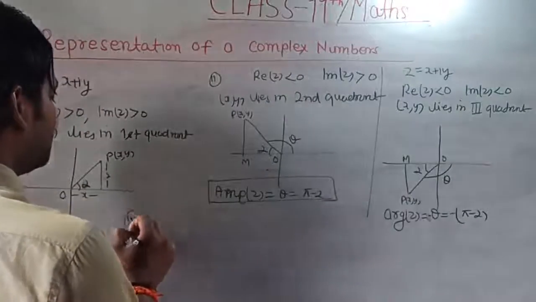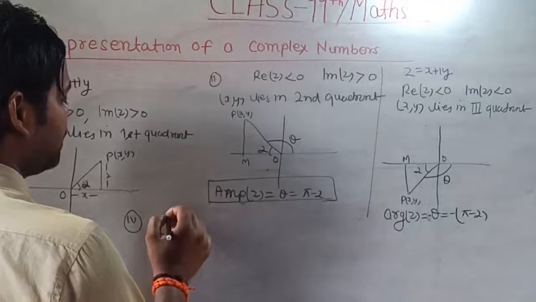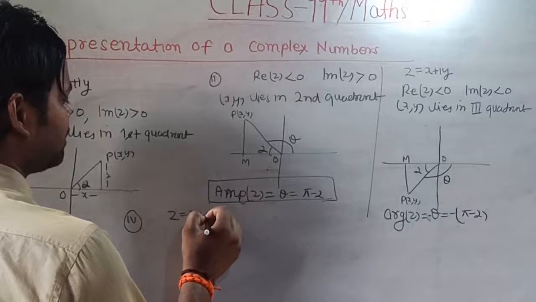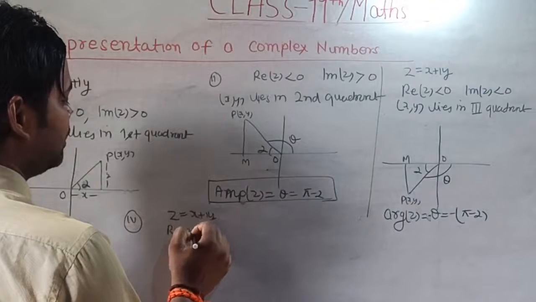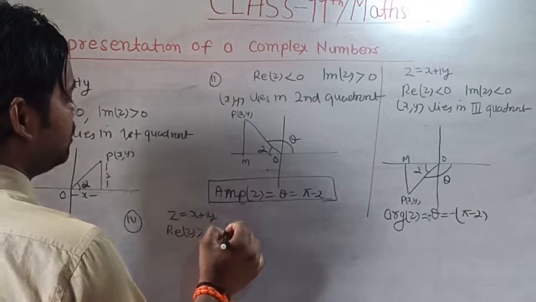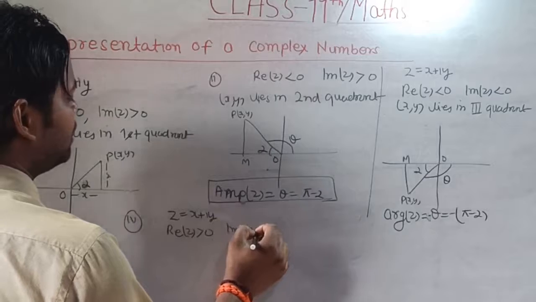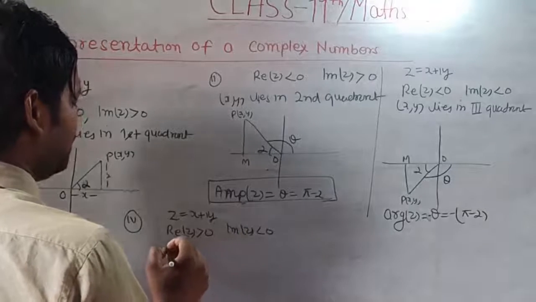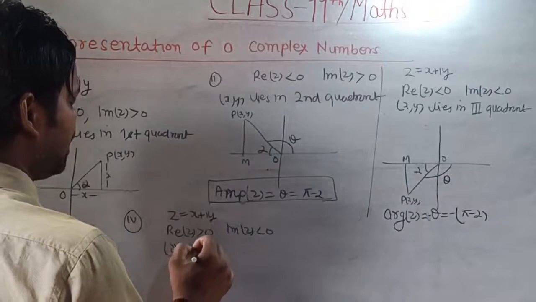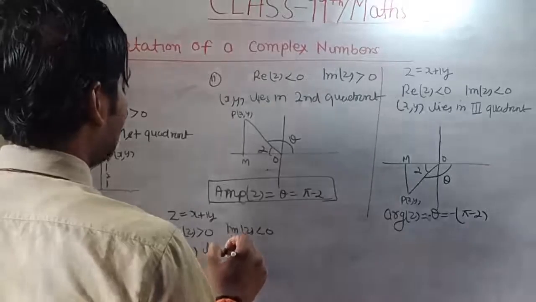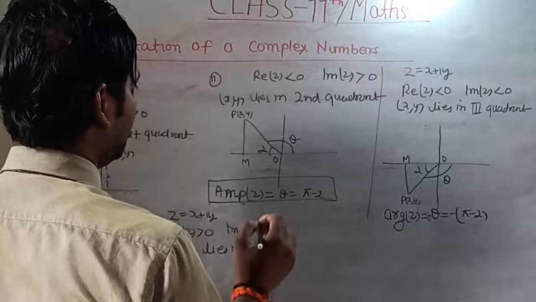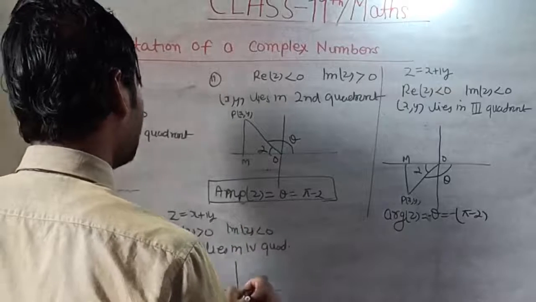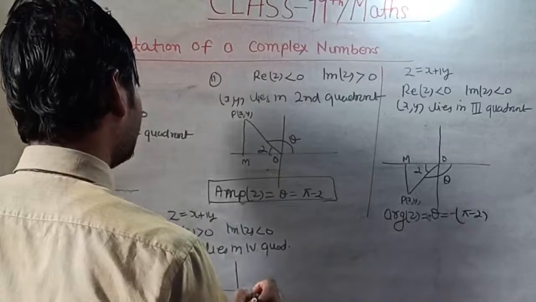The fourth case is if the complex number z equal to x plus iy has real part of z greater than 0 and imaginary part of z less than 0, then the ordered pair x comma y lies in the fourth quadrant.